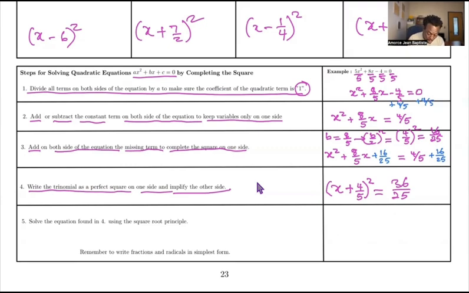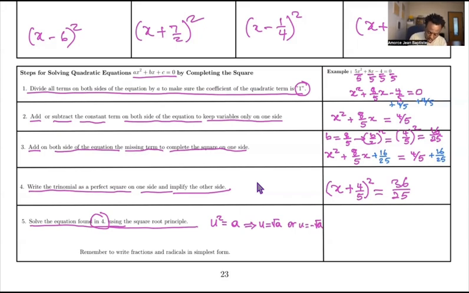And then once we're done with that, it says solve the equation found in 4 using the square root principle. The square root principle is if you have u squared equals a, you have 2 solutions: u equals square root of a, or u equals minus square root of a.